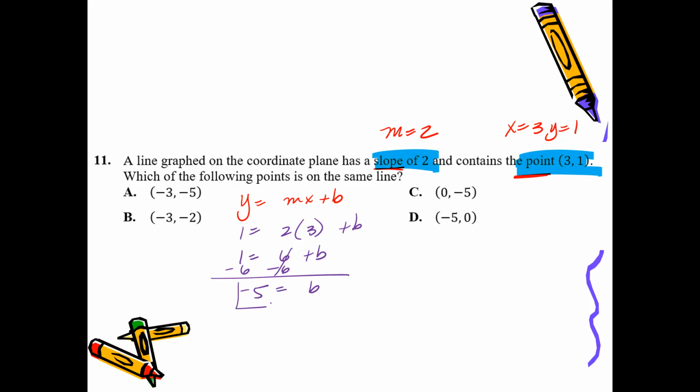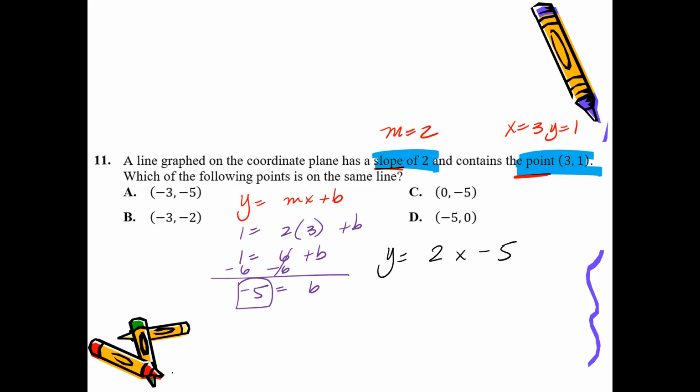And that's your b. So then I'm going to rewrite my equation. Y is equal to mx, your m is a 2, minus 5.